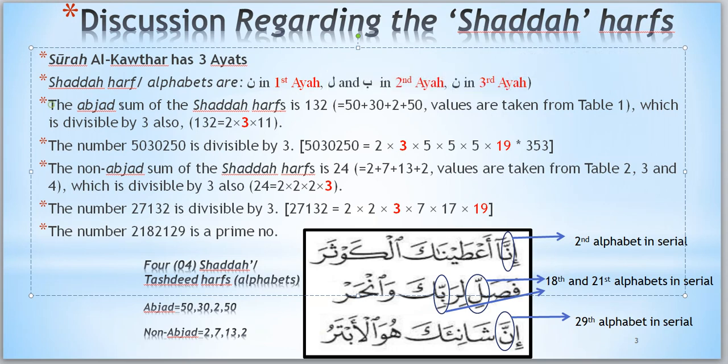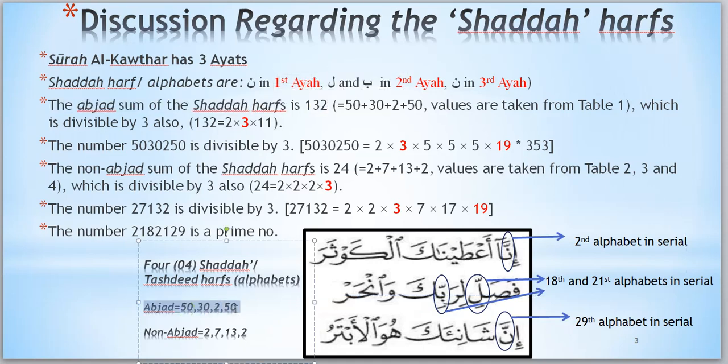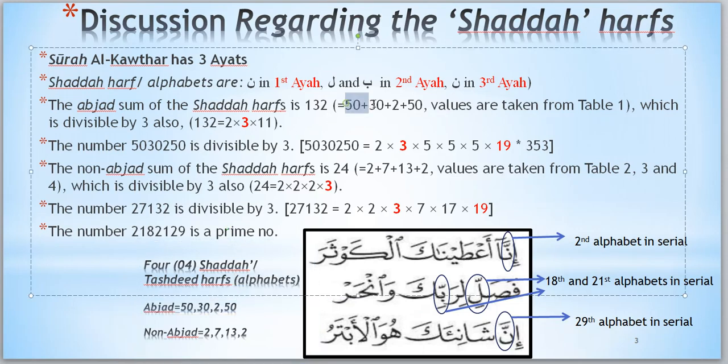So the abjad sum of the Shadda harfs will be this one. That means 50, 32, and 50. If we sum these numbers, it will be 132. And interestingly, this number is divisible by 3. Mind it, Surah Al-Kawthar has 3 ayats.